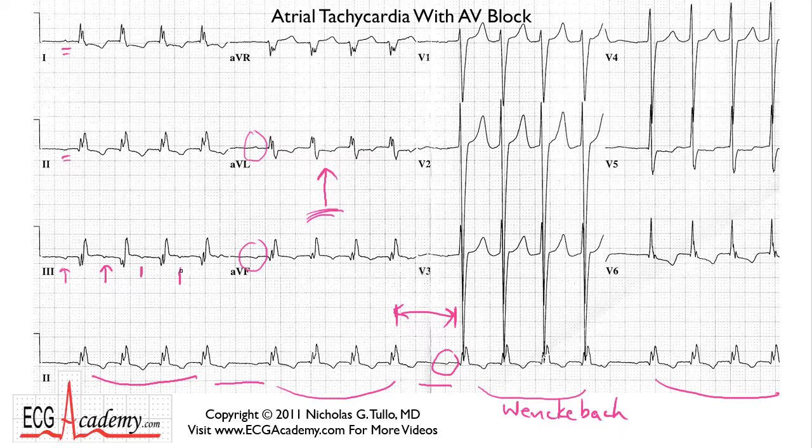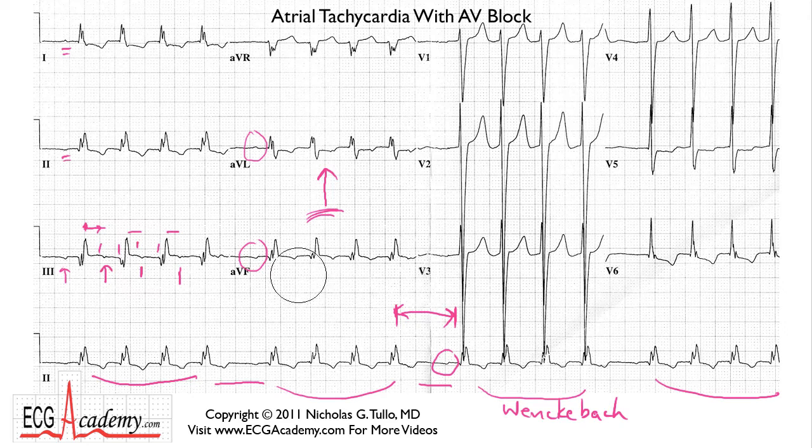Now, what you should notice is that the relationship between the QRS complex and the subsequent P wave is changing. Notice that this R to P interval is longer, and then the P comes a little bit earlier, and then the P comes even earlier still. The relationship between the P's and the QRSs is changing. If you look at the PR interval, you can see the PR is getting longer, and then longer still. Now, the question is, are these P waves regular?